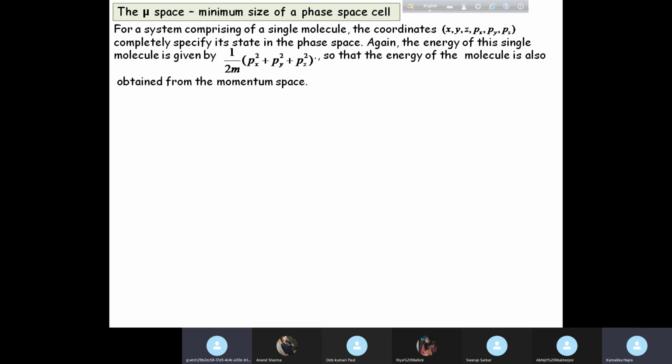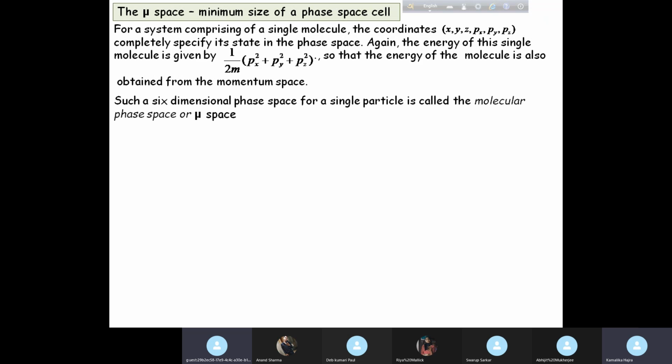The energy of this molecule is given by 1 by 2m (px square plus py square plus pz square). It is moving. We consider only the kinetic energy. Okay. So energy of the molecule is also obtained from the momentum space. The momentum space not only gives us the momentum of the particle but also the energy of the particle.